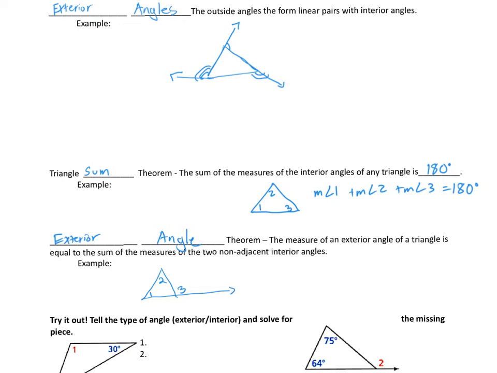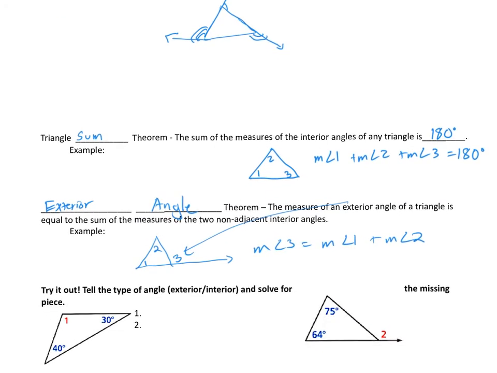This is my exterior angle, this one right there. Well, I know that the measure of angle 3 must equal the measure of angle 1 plus the measure of angle 2.